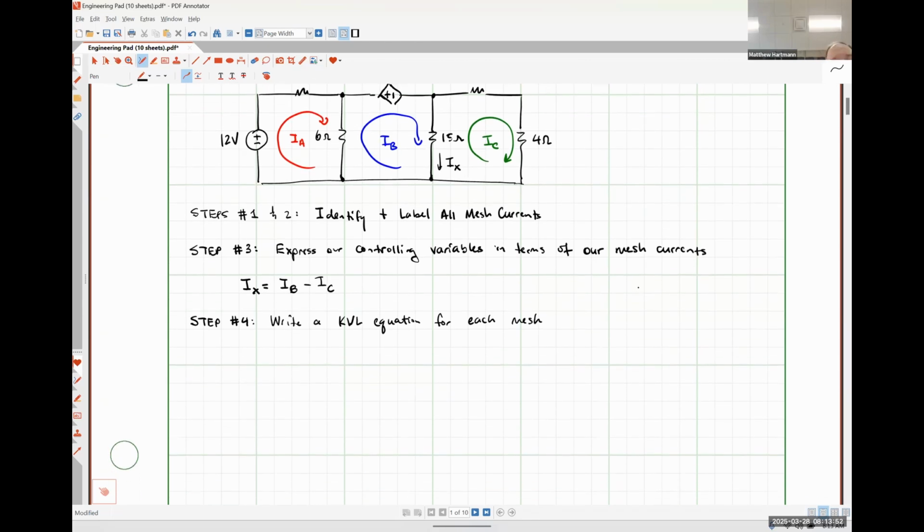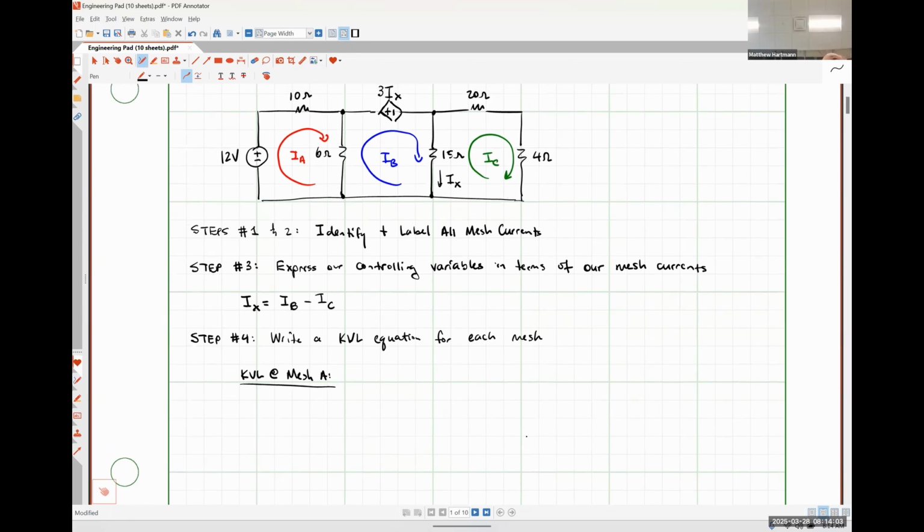So for our KVL at mesh A relationship, we should have something like this, okay? The first thing that I see is the negative polarity terminal of our 12-volt source. So I'm going to have minus 12 volts. The next thing I see is the 10 ohm resistor. The only current that's flowing through the 10 ohm resistor is that mesh current IA. So I'll just have 10 IA.